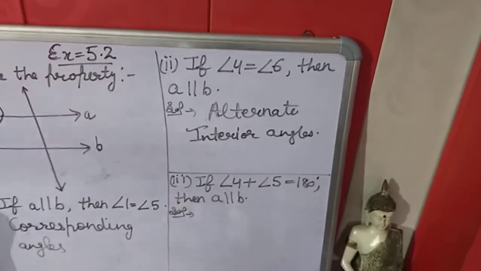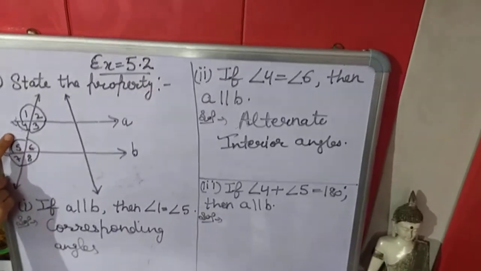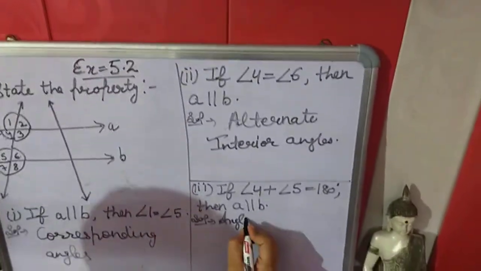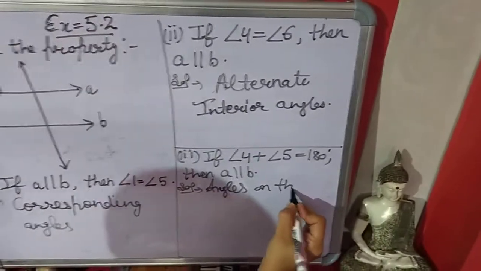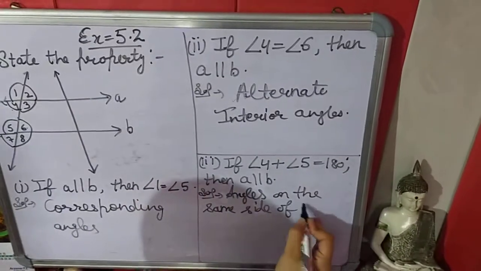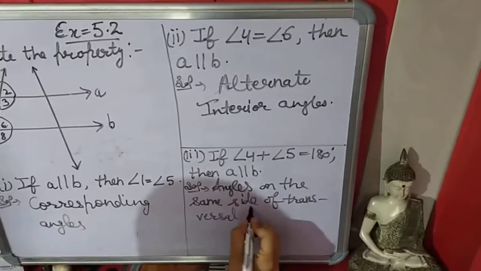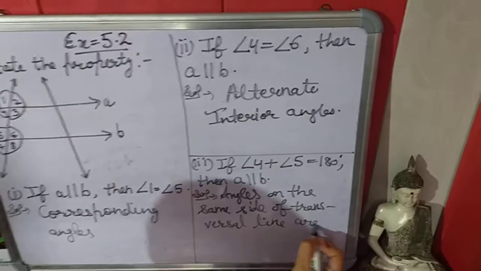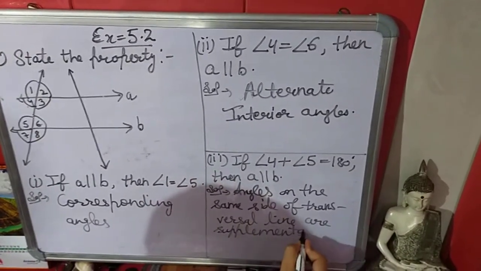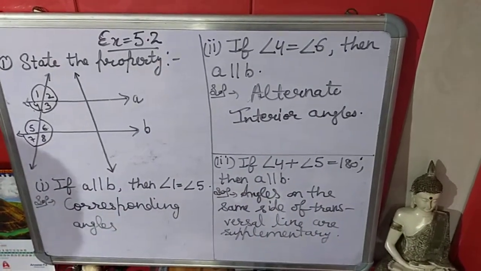We call them co-interior also, and angles on the same side of transversal line are supplementary, or you can say these are the co-interior angles also.